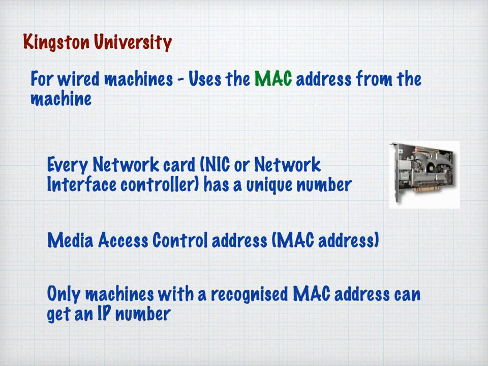So for example, at the university, every device which is hardwired into the university network has a MAC address, and a MAC address is a unique number that exists on every network card. So when you try to connect a machine to the university network, that MAC address is checked to see if it's an authentic machine, and if it is, it then gets a proper IP number.